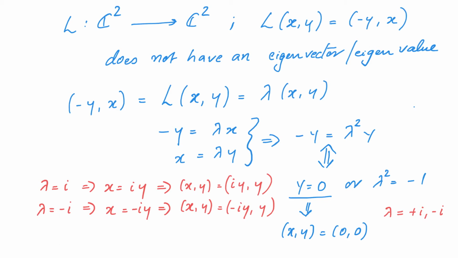Therefore, a choice of y gives you an eigenvector for lambda equal to i, and similarly for lambda equal to minus i. Therefore, vectors of these forms are eigenvectors for the linear map L.